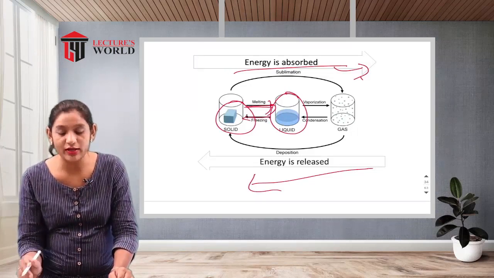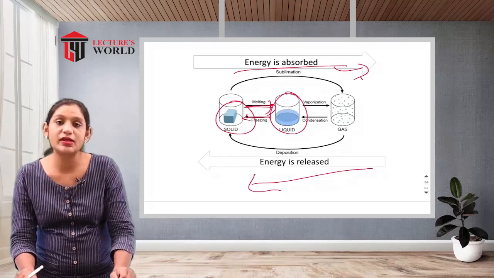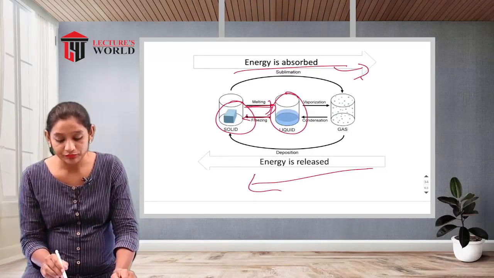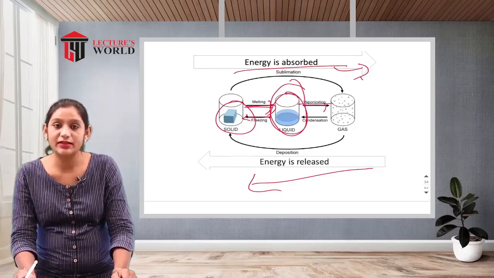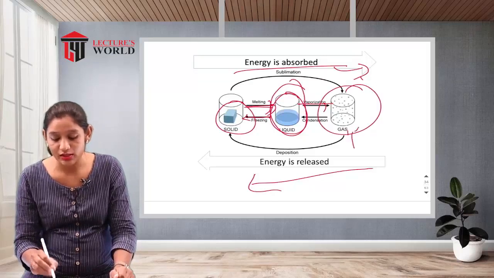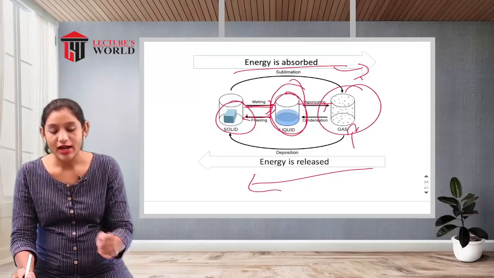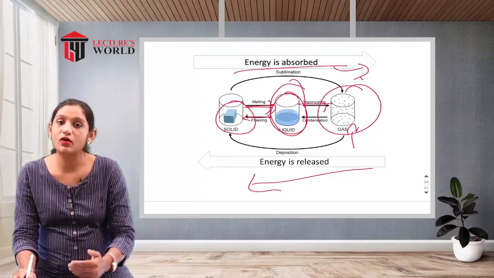The second arrow converts liquid into the freezing state. Next, the liquid is converted by heat into vapor, the gaseous state, and condensation brings it back to the original state.